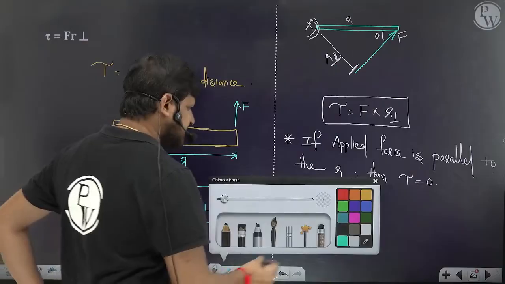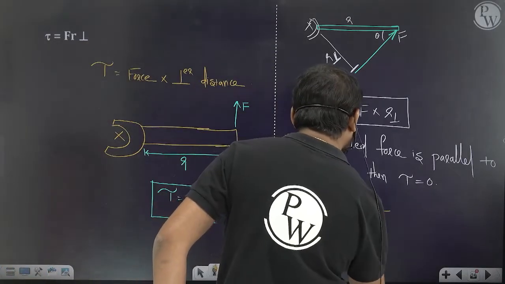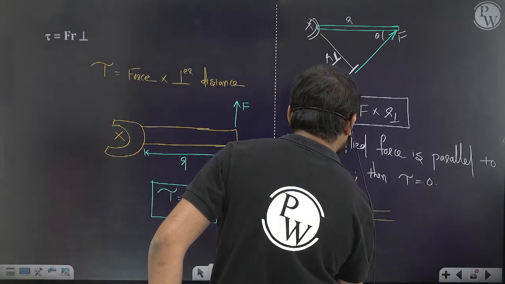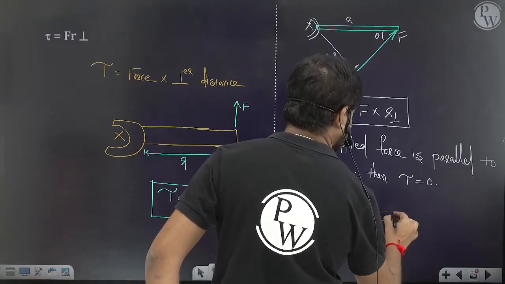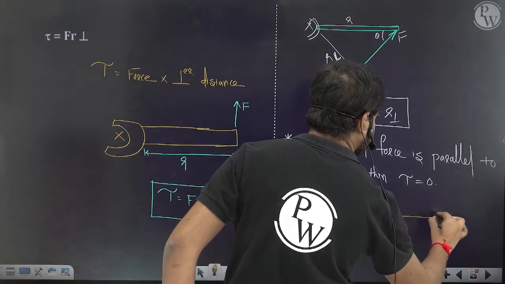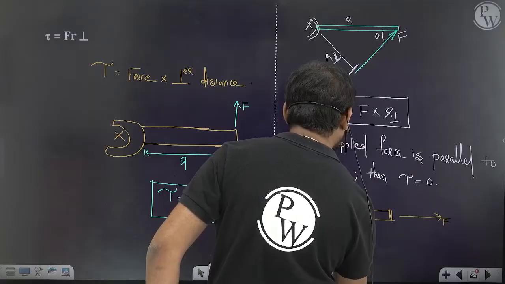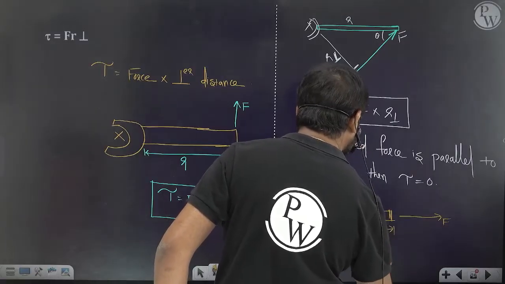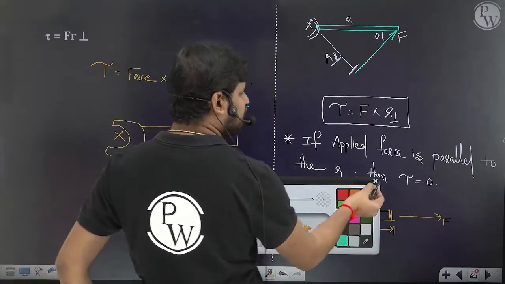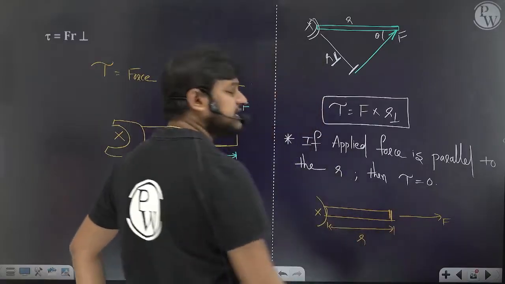Let me tell you the example. Here is a point, and about this point you have to apply the torque. You are applying the force along this direction. From here to here is the radius or the distance r. Your force component is along the radius.